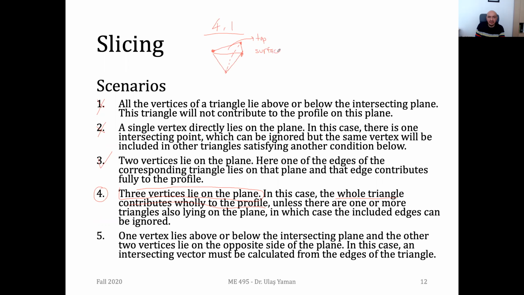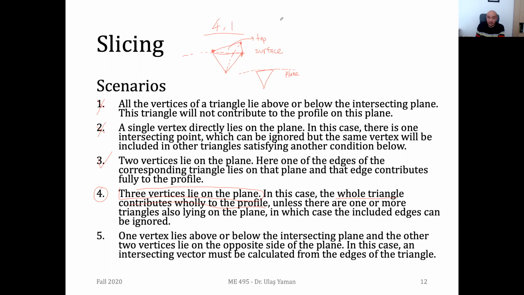And my slicing plane is exactly at this level. So if I draw it on the front view, that will be my slicing plane. And that's the intersecting part, right? Since we have a single triangle at the top surface and it's coinciding with the slicing plane, I can simply say that the contour is the triangle itself.